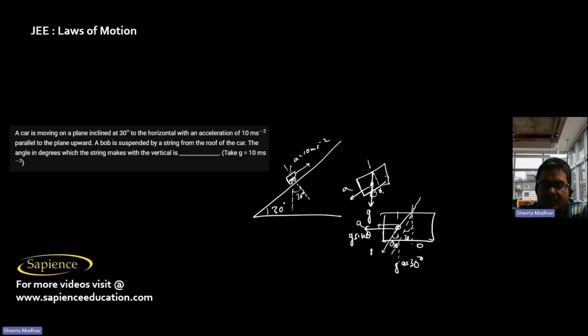So then this is the tension force. We can say how much angle it makes with the vertical, this angle theta that is asked. So this is theta plus 30.